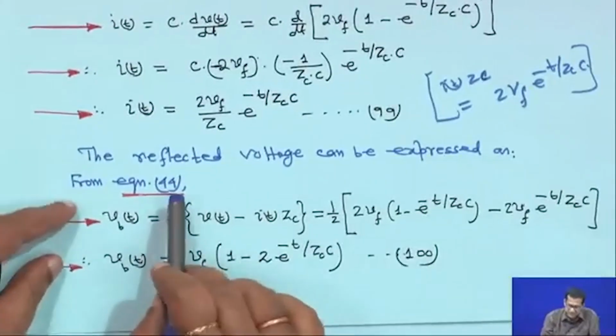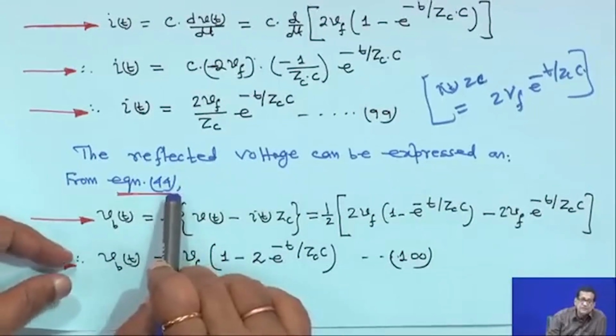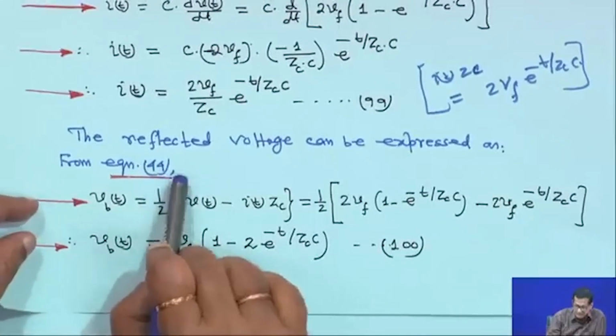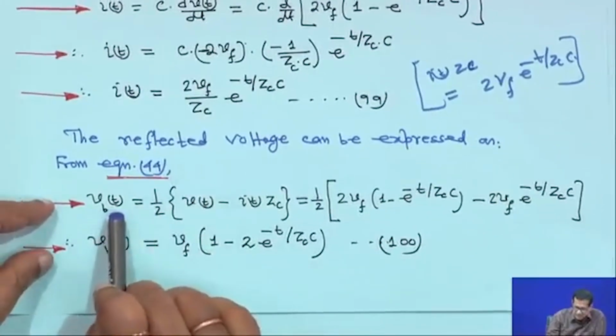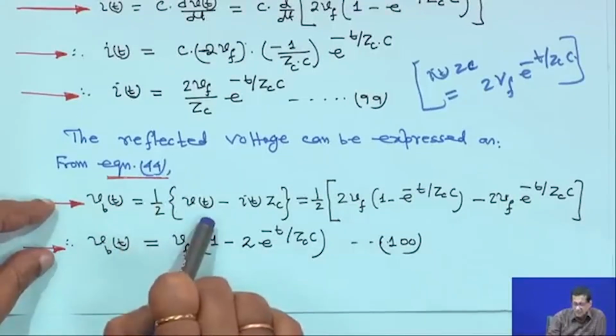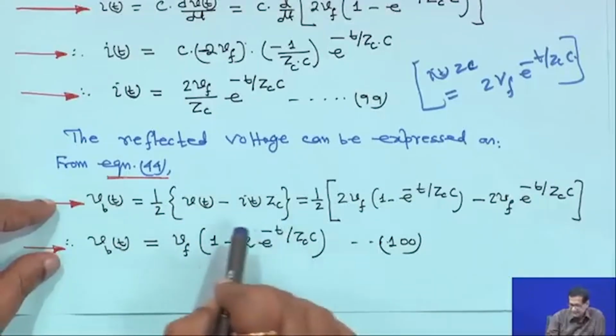That means, from equation 44, which we have seen and are not showing again and again, the reflected voltage can be expressed directly as Vbt equal to half of (Vt minus It into Zc).